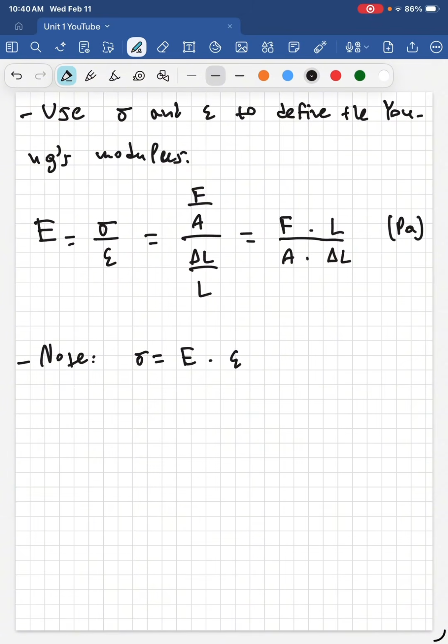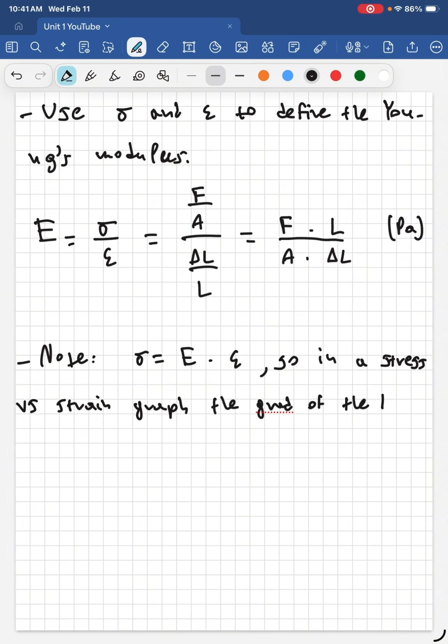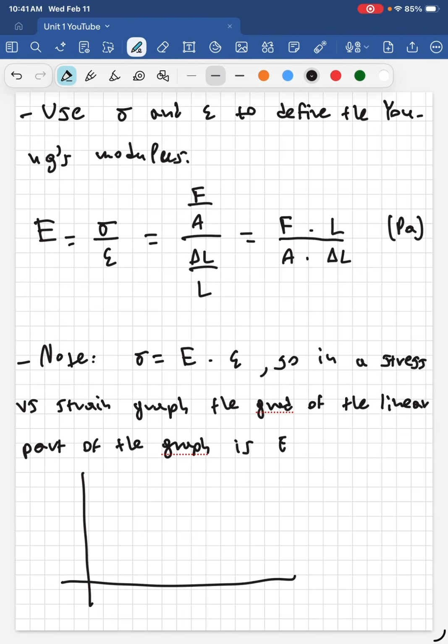So in a stress versus strain graph, the gradient of the linear part of the graph is E. But as we will see later, when you plot stress versus strain, you indeed have a linear region, but then you also have weird things like this, and we will talk about it.